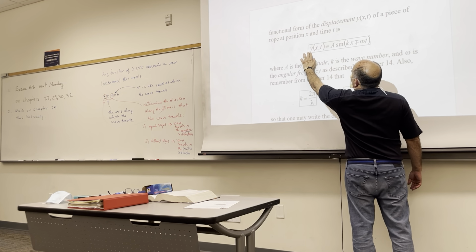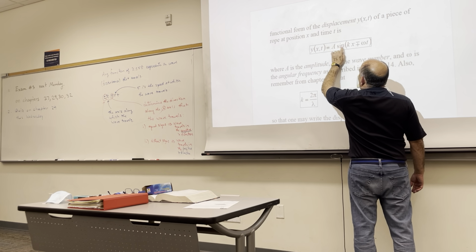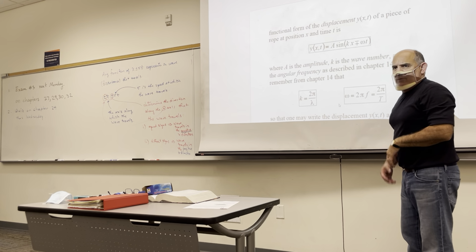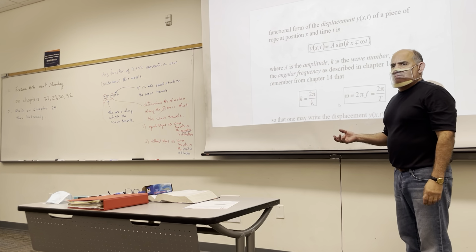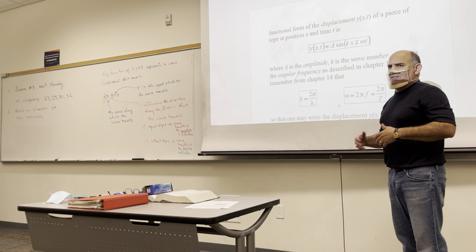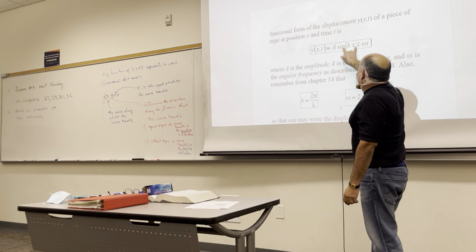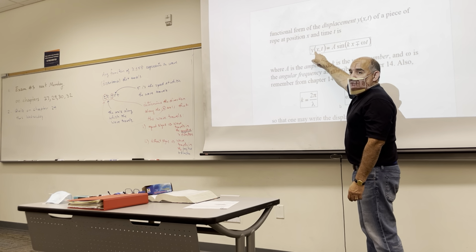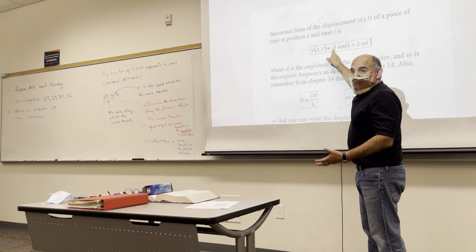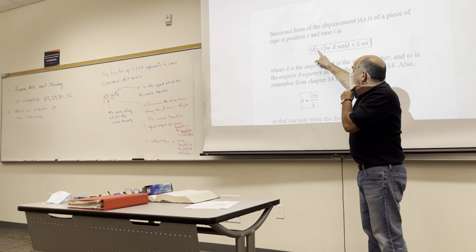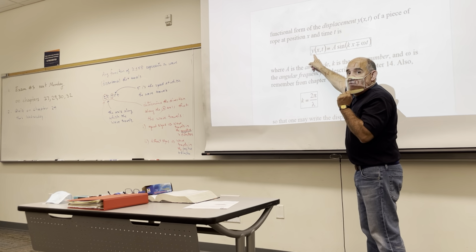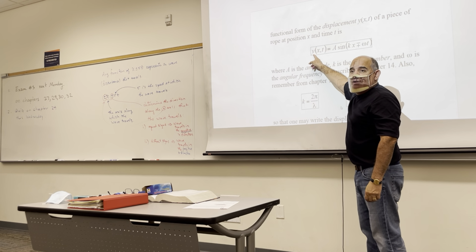Because what will be the maximum value of this function? It's going to be a times the maximum value of the sine. But what is the maximum value of the sine of any angle? 1. So 1, which is the maximum value of this, times a will be the maximum value of this. So this is called the amplitude, the highest value of whatever is on the left side.